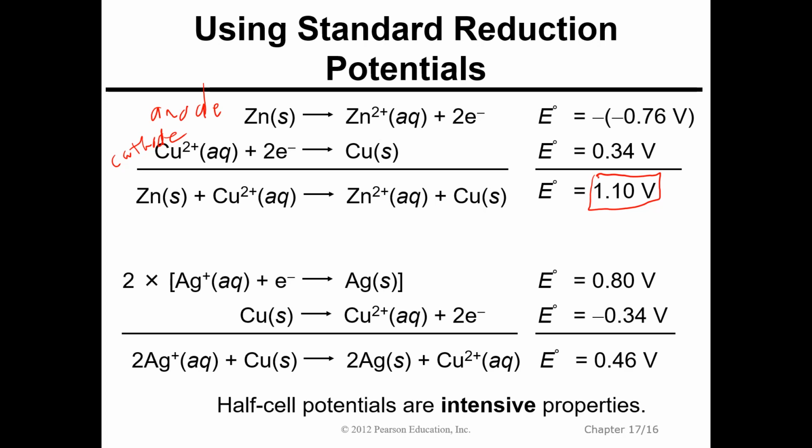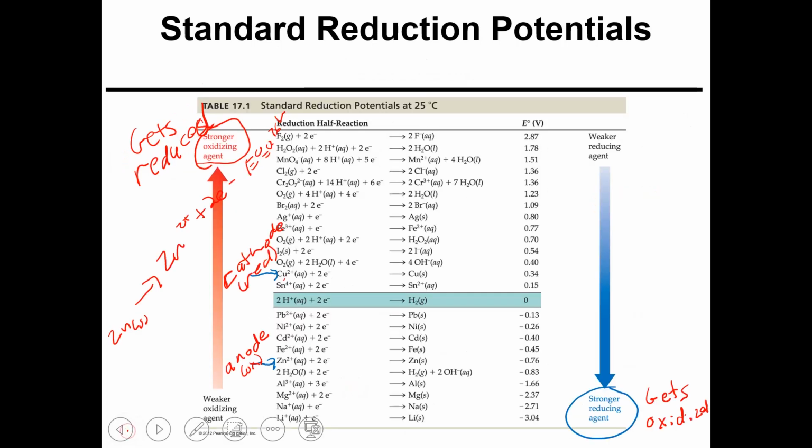If we take something like silver and copper, so if we go back to our list here, we already have copper here, and we have silver. Let's find silver here in the table. So silver is up here in our table. So that means that copper is the stronger reducing agent.